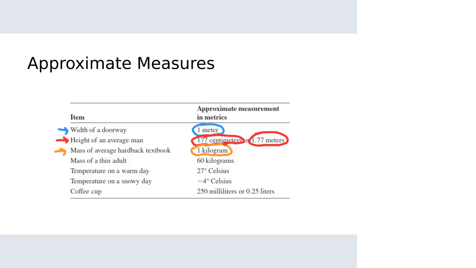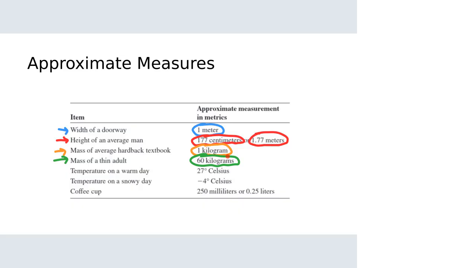Ideally, it'll be fairly obvious which one goes with which, as long as you have a general understanding of how much 1 kilogram weighs, how big a meter is, that kind of thing. The mass of a relatively thin adult would be about 60 kilograms. I said a kilogram is 2.2 pounds, so somewhere around 120, 130, something like that.